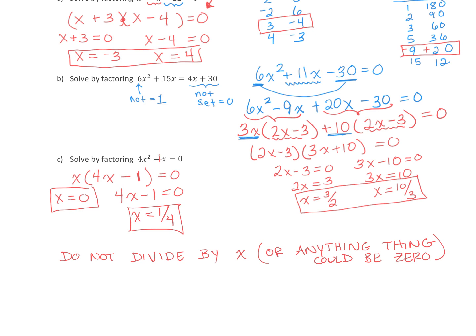Had I taken my 4x squared minus x and divided everything by x, I would have gotten 4x minus 1 equals 0, and a final answer of x equals 1/4. But notice that we missed out on x equaling 0. So you never want to divide by anything that could possibly be 0. So keep that in mind.